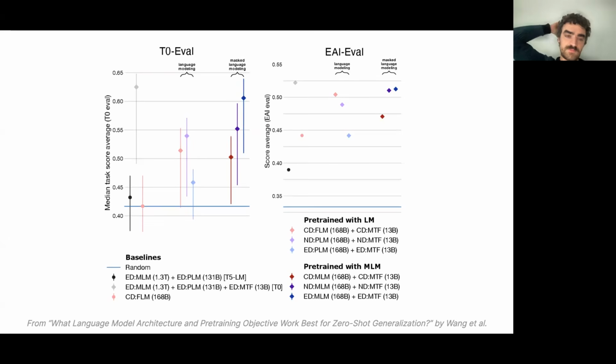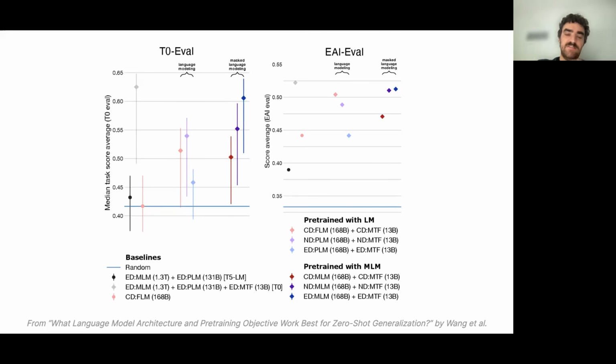We considered 3 baselines shown on the left, and in this case, we're contrasting these baselines with what happens after multitask prompted fine-tuning. The first baseline, shown in black, is what people call LM adapted T5.